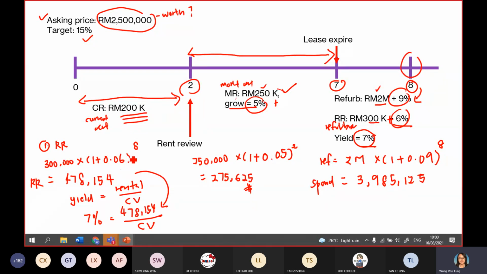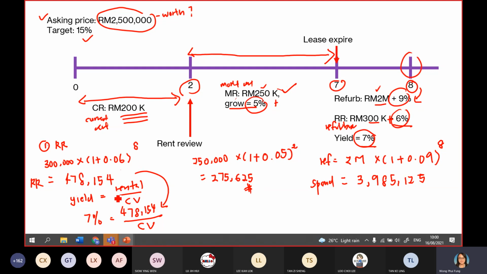Okay? Alright, for this part, I explain again. At the end of year 7, lease expired. Client takes over at year 8. So he or she wants to refurbish and sell. So first calculate the refurbishment rental first. 300,000 times 1 plus i to the power of n. So i is 6% in year 8 time. Then he wants to do the refurbishment and enjoy the rental.